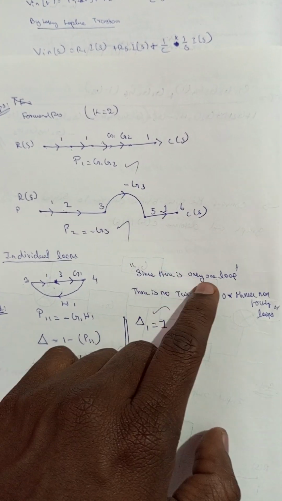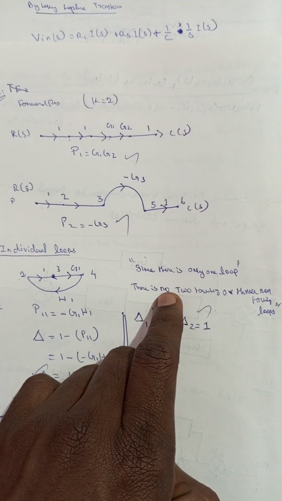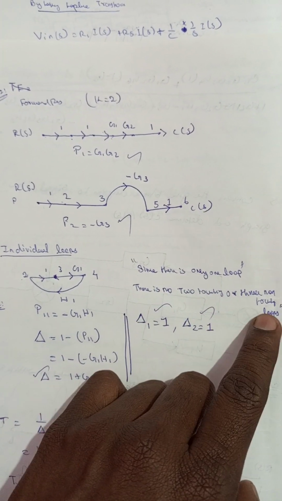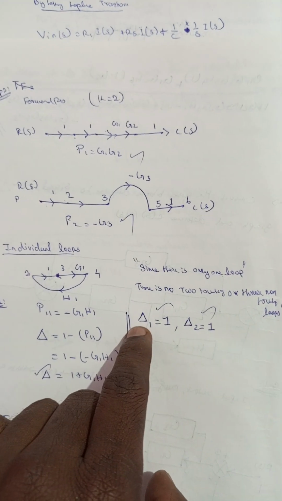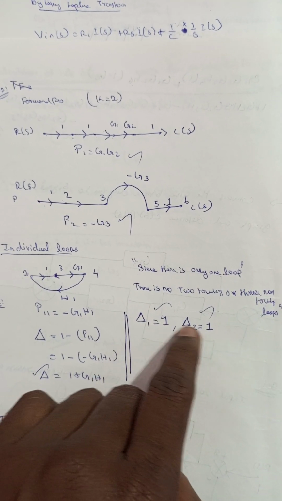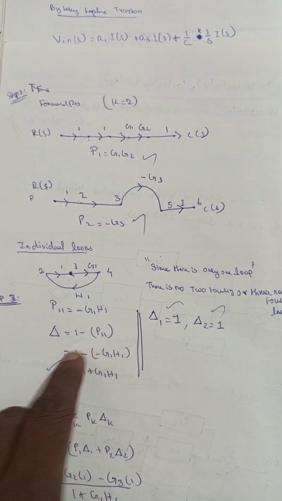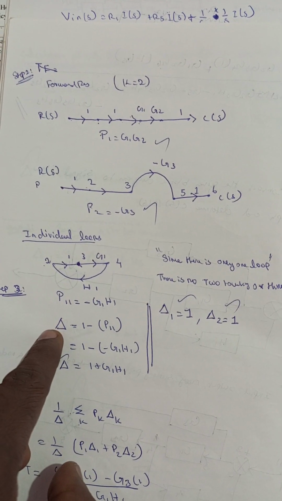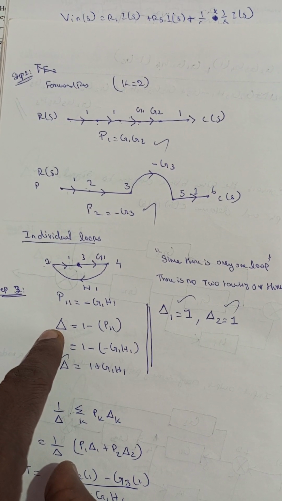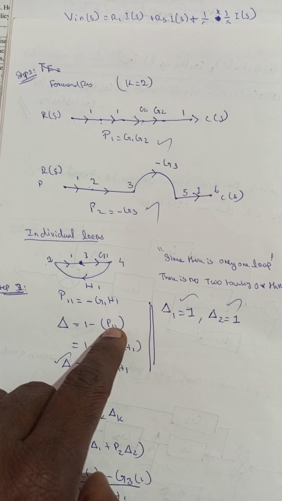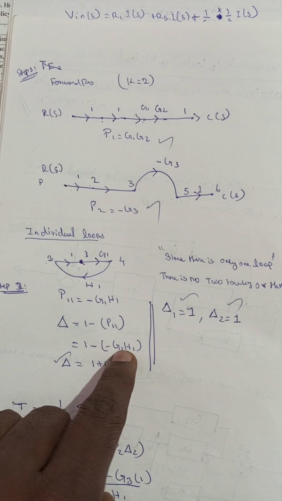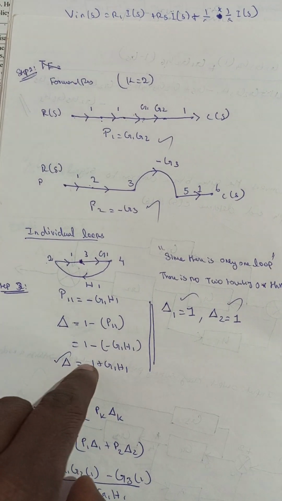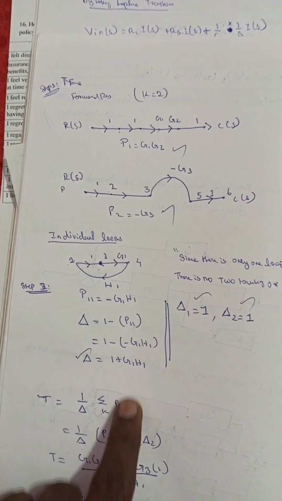Since there is only one loop, there are no 2 touching or 3 touching loops, so we're marking delta 1 equal to 1 and delta 2 equal to 1. So to find delta, that is equal to 1 minus P11, we put this value here, and delta is 1 plus G1 H1.